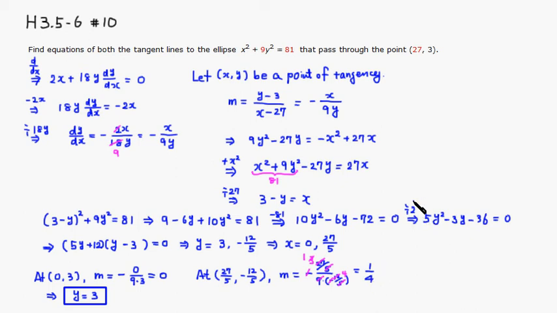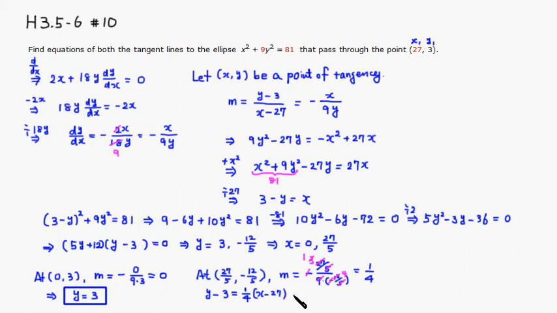All right. So therefore, using point-slope form, it's going to be y minus y1, where you can think of this as x1 and this as y1. So y minus 3 is equal to 1/4 times x minus x1, which is 27/5.